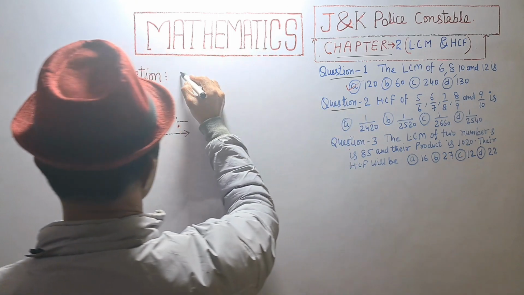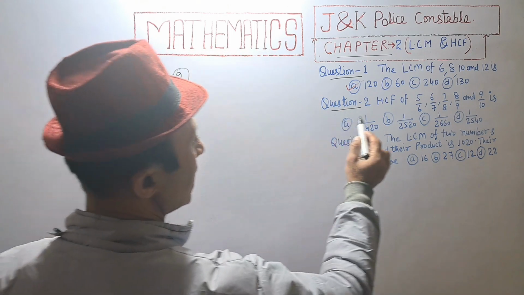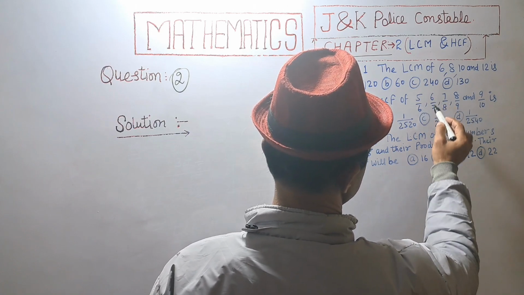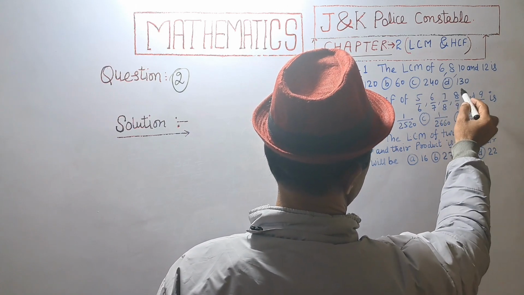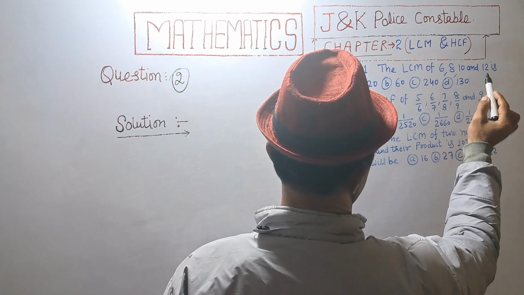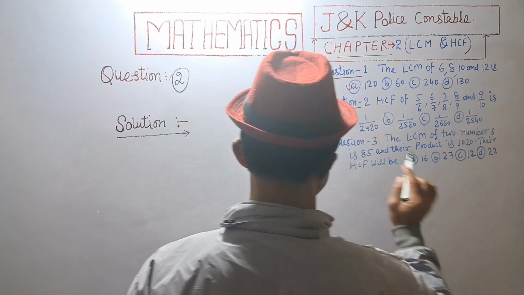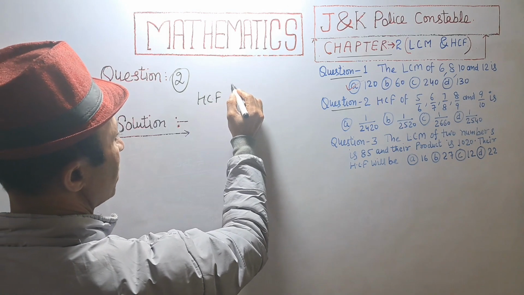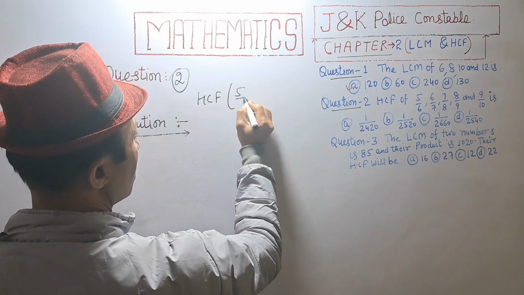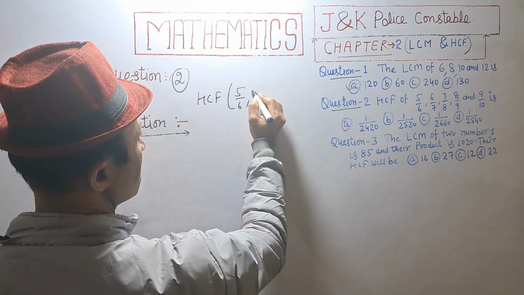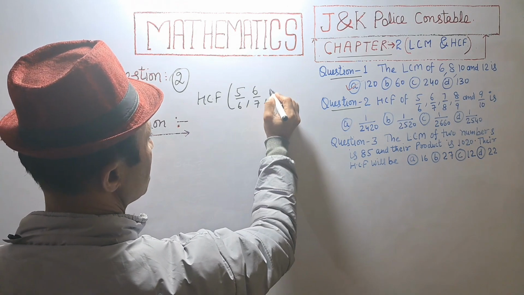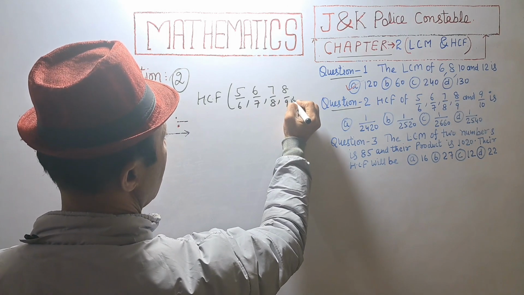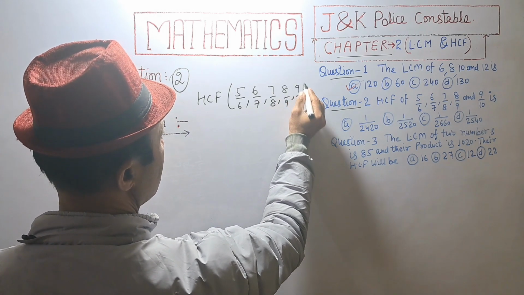Question number 2. HCF of 5 upon 6, 6 upon 7, 7 upon 8, 8 upon 9 and 9 upon 10 is. Highest common factor of 5 upon 6, 6 upon 7, 7 upon 8, 8 upon 9, 9 upon 10 is.